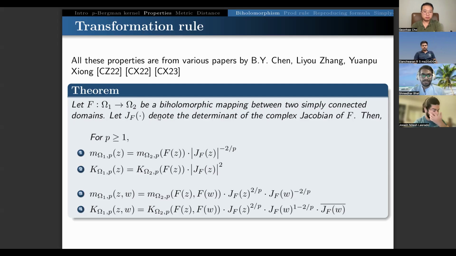You will see why this is necessary. And J_f is the determinant of the complex Jacobian. In that case, when p is bigger than or equal to 2, you have these results. So this K of omega 1 and K of omega 2, you can relate them in this way.